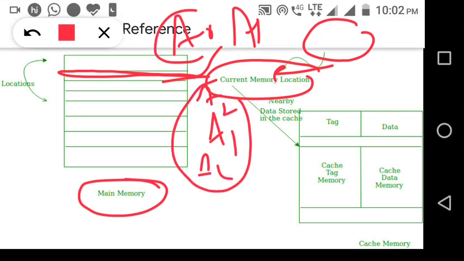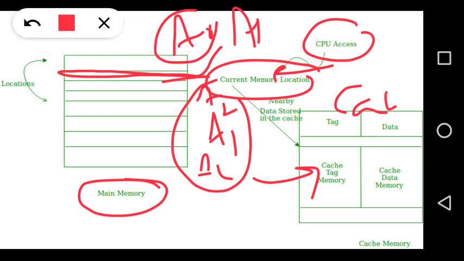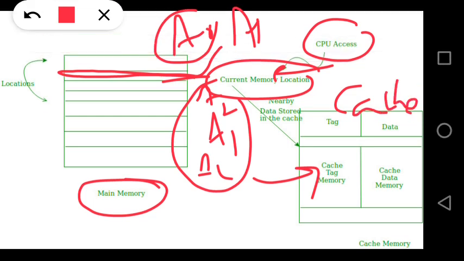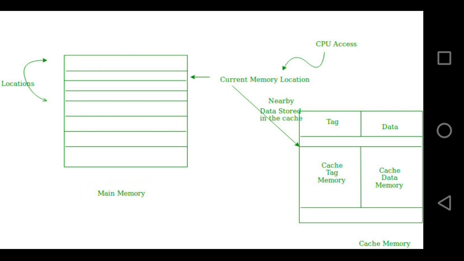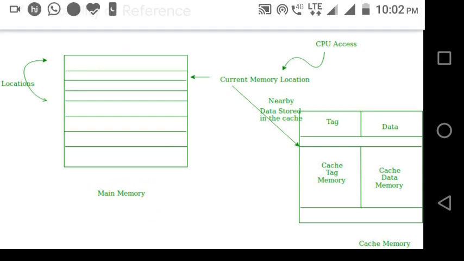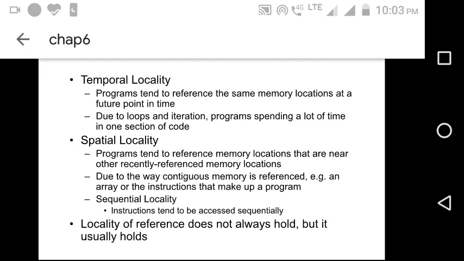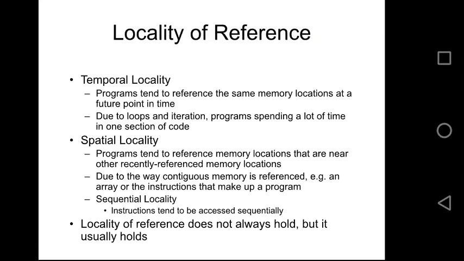These are placed in the cache. This is called spatial locality of reference. So that is the locality of reference. Now we'll discuss something about cache memory.